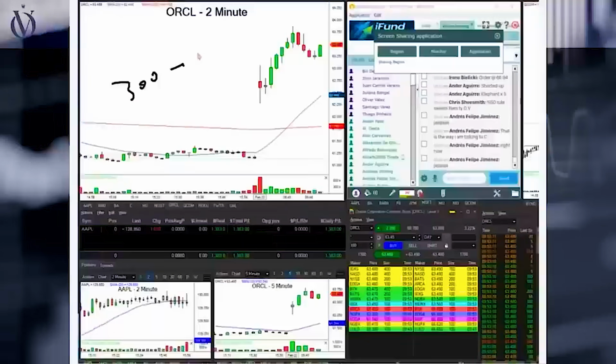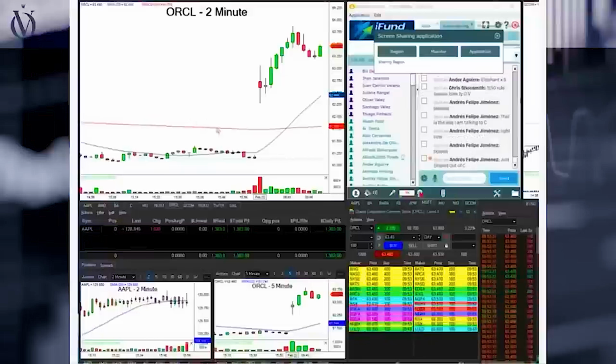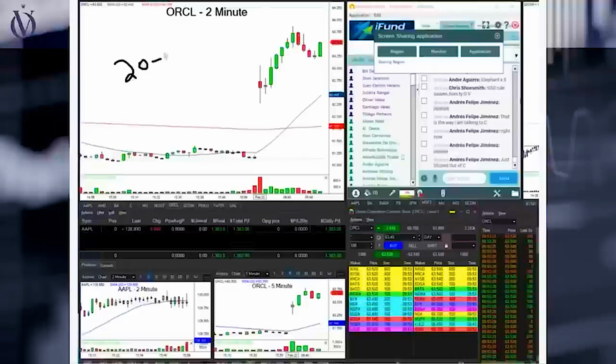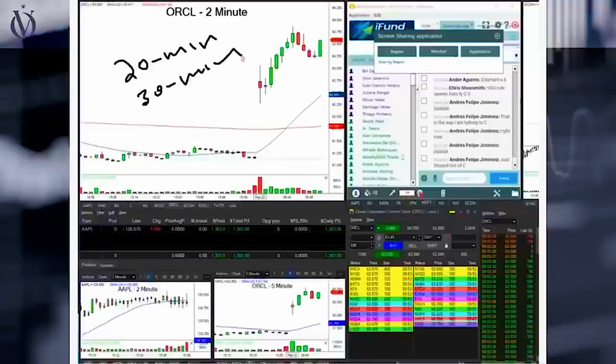A whale can be $300. If you're at a certain level, it can be $800. It can be $3,000, depending upon the size of your account, right? So the idea is to get the whale. And the whale usually forms inside of the first 20 minutes, sometimes as much as 30 minutes.